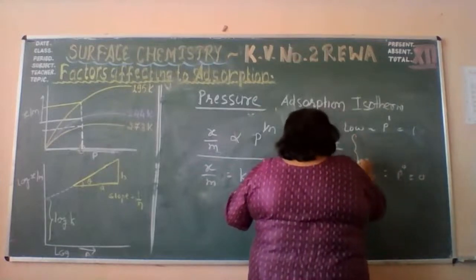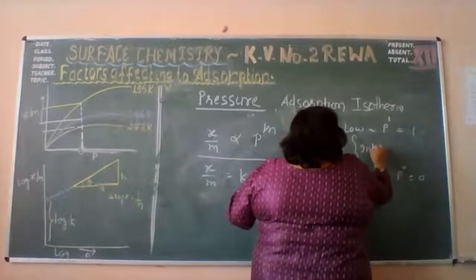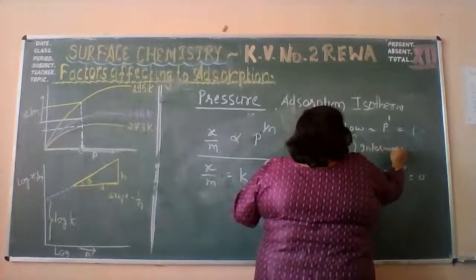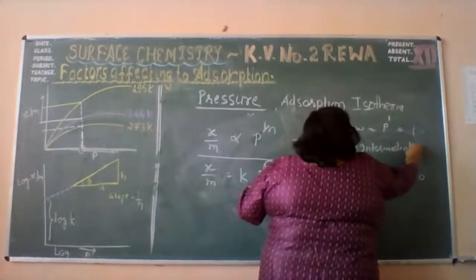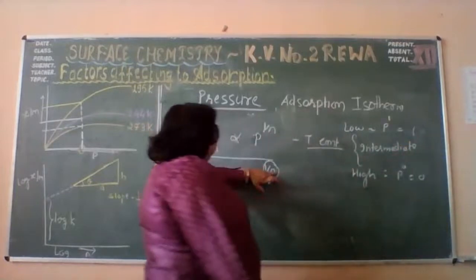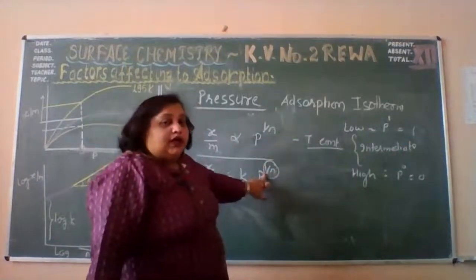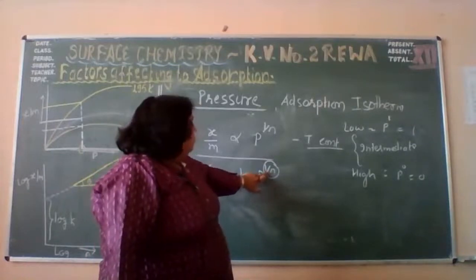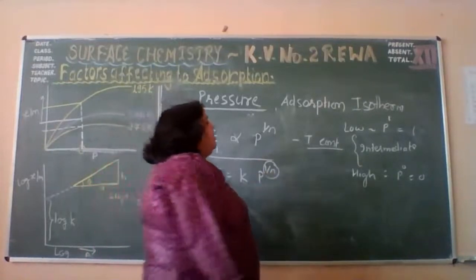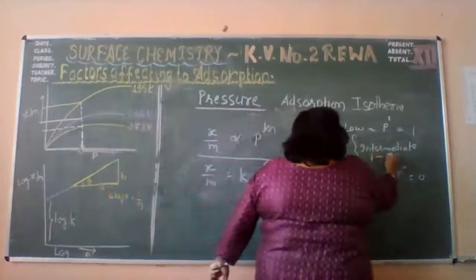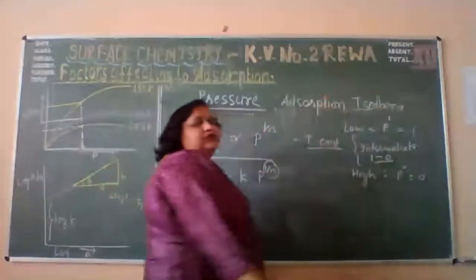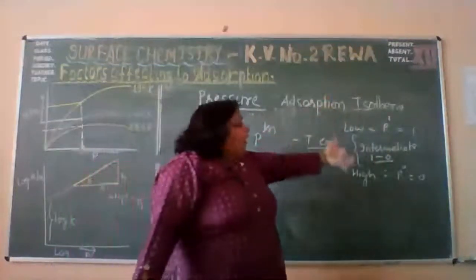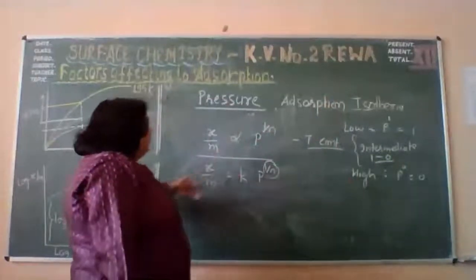That means for the intermediate condition, the value of the power is not n, the power is 1 by n here. Please remember the power is 1 by n here. This will be somewhere between 1 and 0. This will lie between 1 and 0, right?